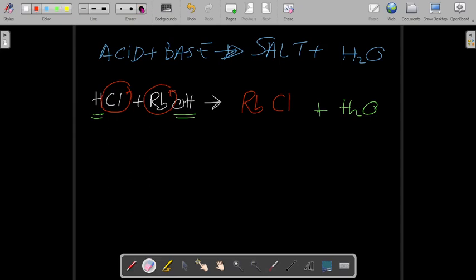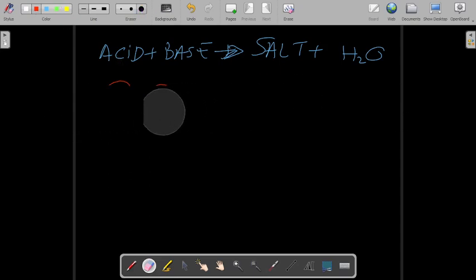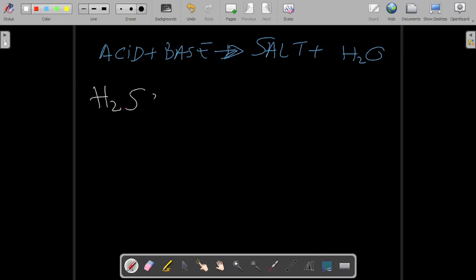Oh wait, I should have erased this too. I'm going to leave the top because they all need to be neutralized. So the second section, they want you to combine sulfuric acid and sodium hydroxide. And remember what we said, okay? Anytime that you have a base with OH, you're going to create water.